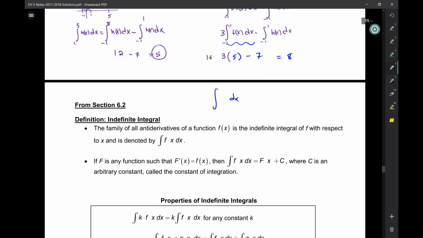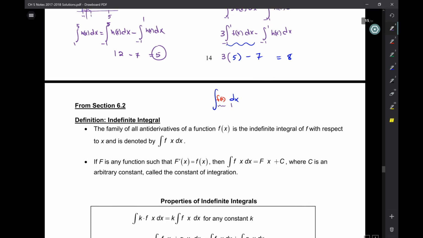Remember what this was? f of x dx. Remember where this came from. This was the area of a rectangle. So this was the base and this was the height, right? So if you omit the dx, then you're just adding up the heights of the rectangles, and that means nothing. That's not area. That's just adding different lengths.